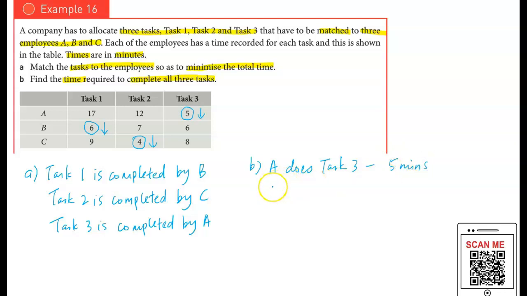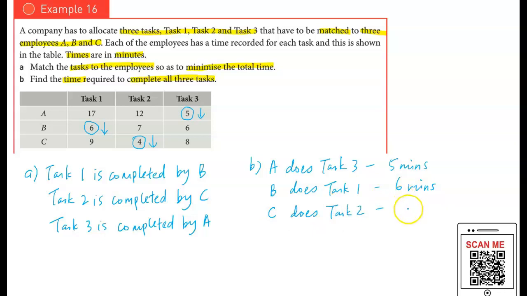Okay, and then worker B, or employee B, does task 1. So it will take him 6 minutes. And let's look at employee C. He's doing task 2.